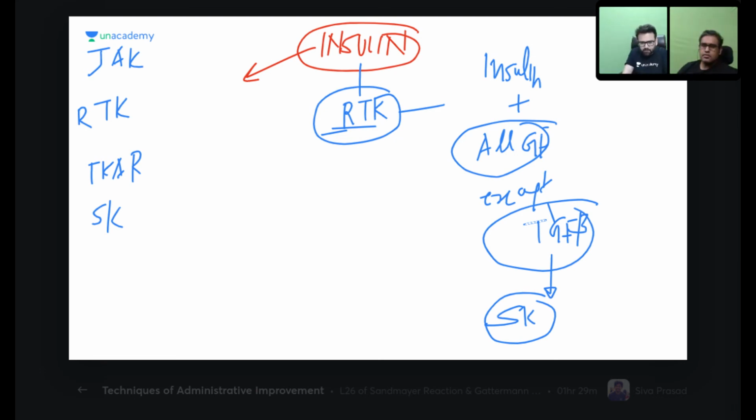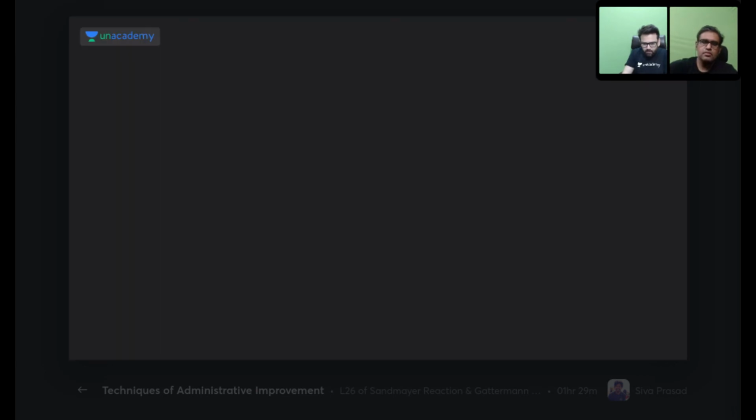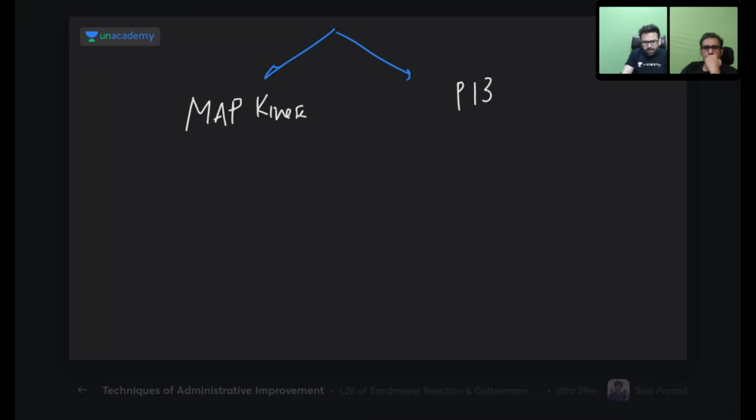What are the two different pathways for insulin? Please tell me. One is called MAP kinase and the other is called PI3 kinase. So insulin not only has metabolic action but also mitogenic action.